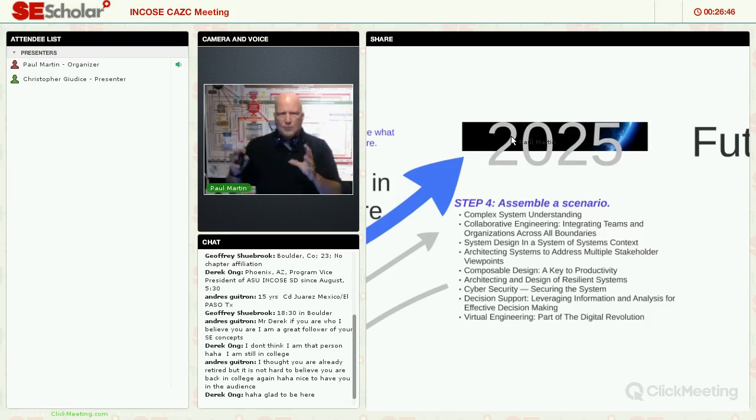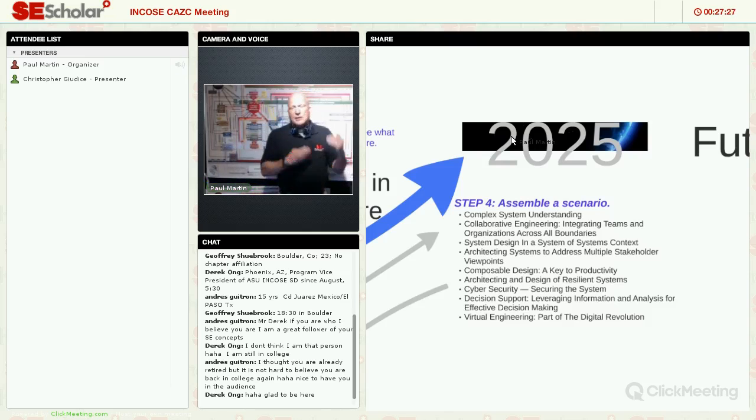In other words, how do you apply your system in this greater system context? You start architecting the systems where you take the viewpoint of all the major stakeholders in order to get those requirements pulled together. And then you perhaps come up with composable design that makes for more productivity. People can take these composite elements and put them together for a different type of system. You architect and design more resilient systems that can take faults and survive them.